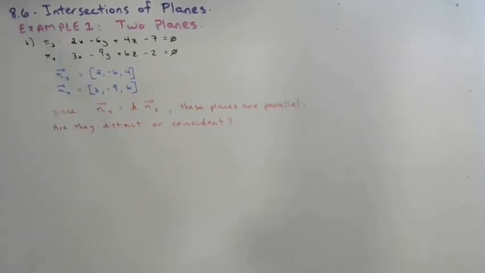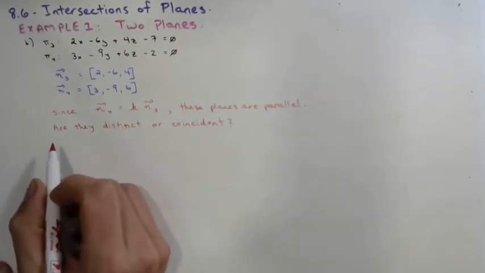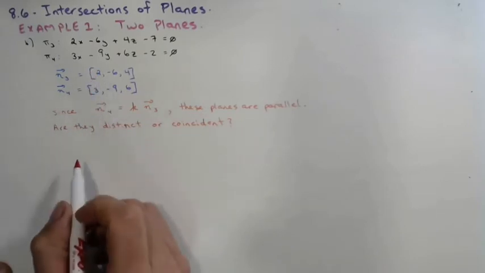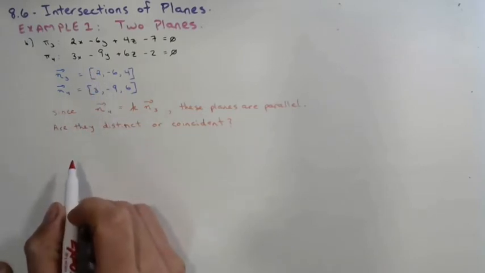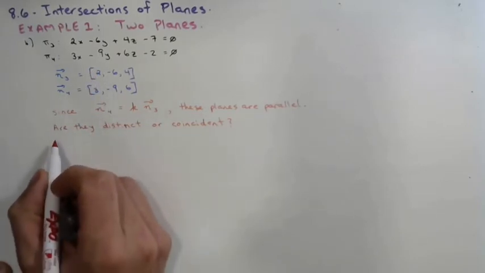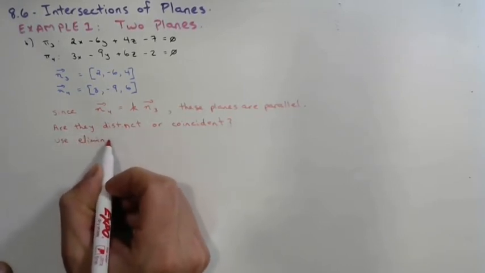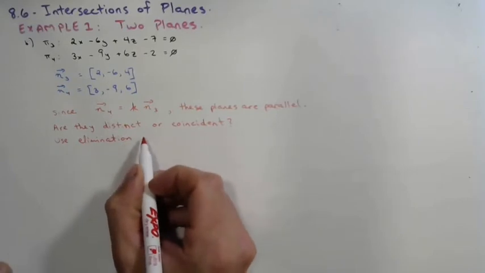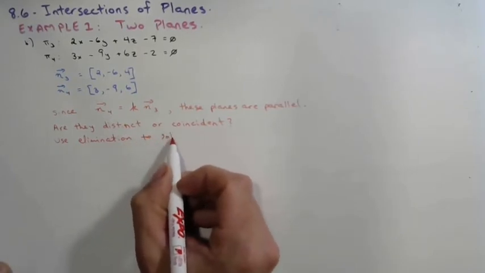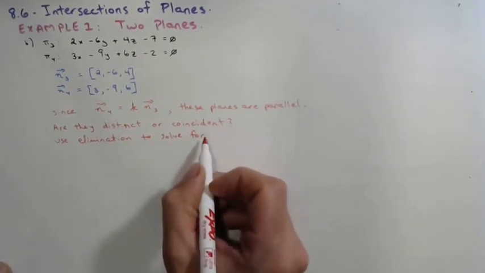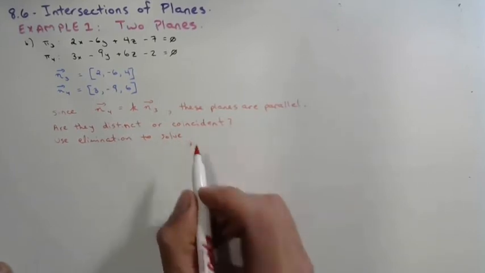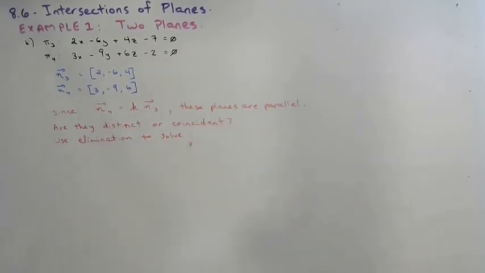Okay, so we're going to use elimination. We're going to eliminate one of the variables and see if we can solve this system of planar equations in 3 space. Use elimination to solve.